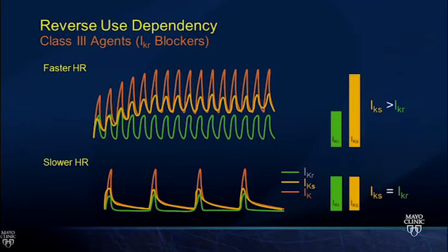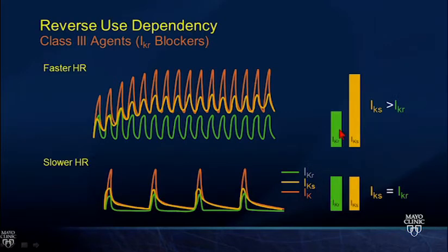Now, reverse use dependency is a concept that we'd like to explore, at rest, at slower heart rates. There are two components of the potassium current, IKs and IKr. The drugs that we use, the potassium channel blockers, are IKr blockers. There is more IKr contribution at rest, so we see more QT prolongation at rest.